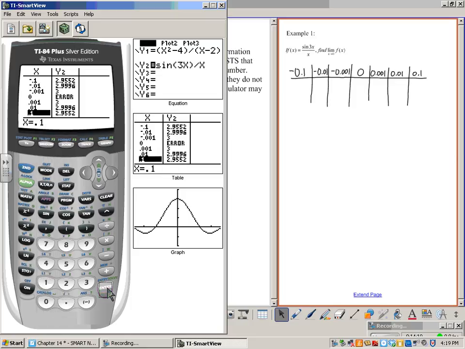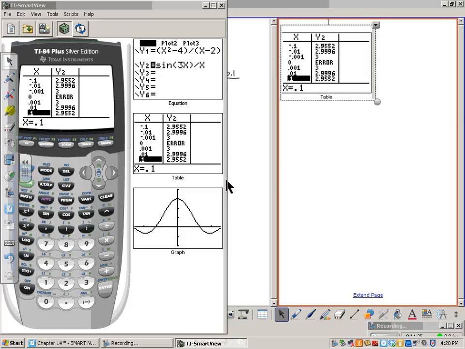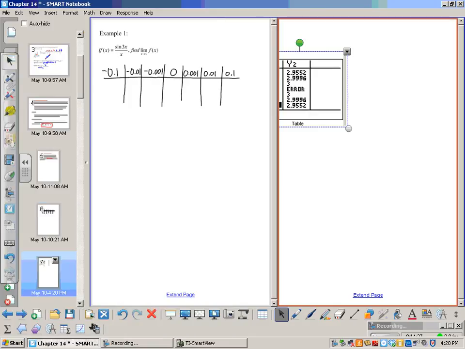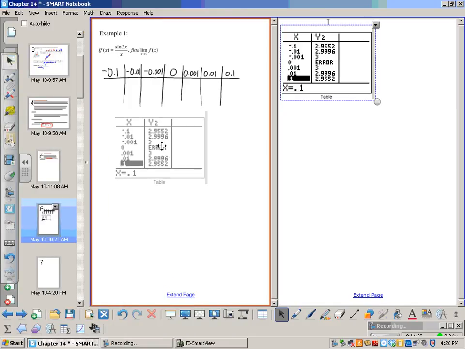Okay, so at this point you should start to see what we're looking for. So we have pretty strong evidence at this point that our function f of x is approaching 3 as x is approaching 0, f of x is approaching 3. So let's take this and put it here. Okay.